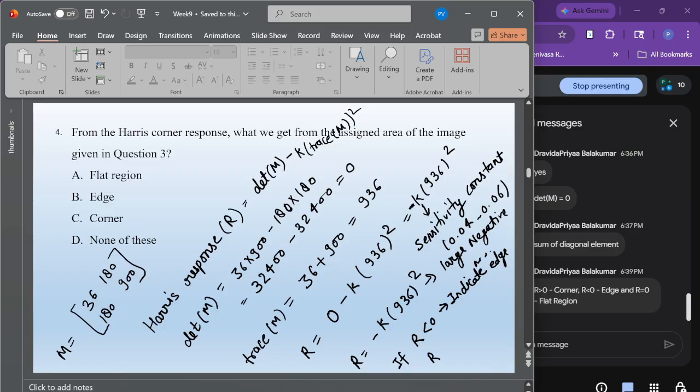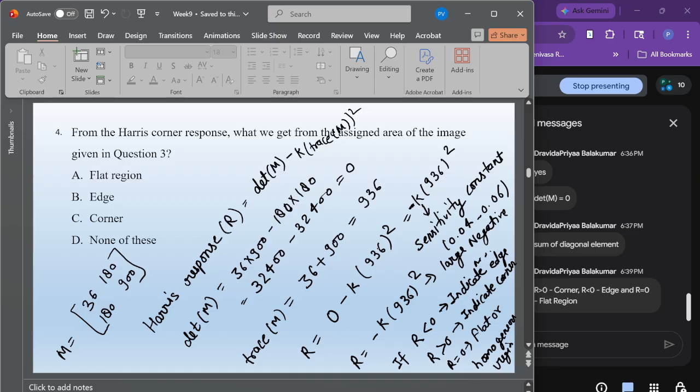And if R is greater than 0, that means a positive number, so it indicates a corner. And if R is equal to 0, then it indicates a flat or homogeneous region. So here our R is less than 0, so that means it indicates an edge.